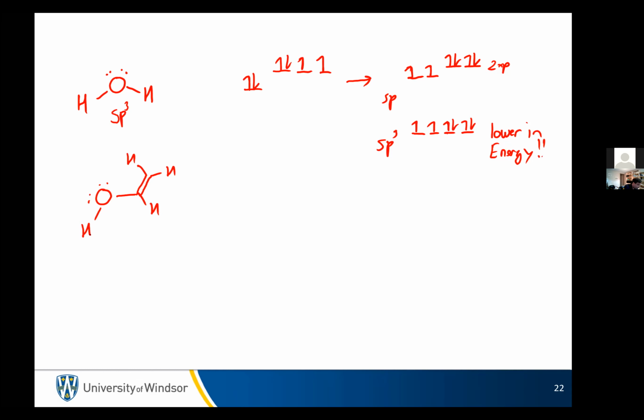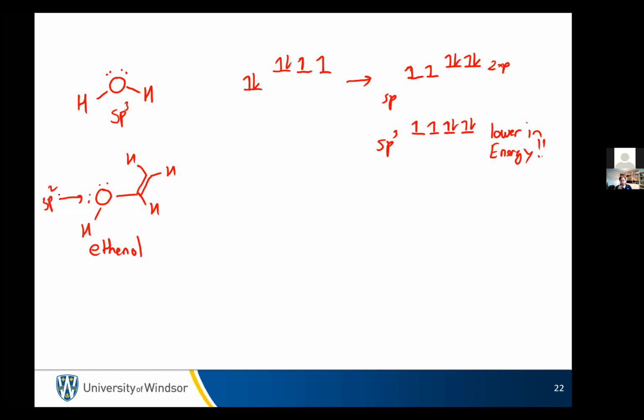That's why I have trouble saying it. That oxygen there looks identical to the one I have up there. It looks bent and everything, but it's sp2. So I want to be cautious about what I say about lone pairs.